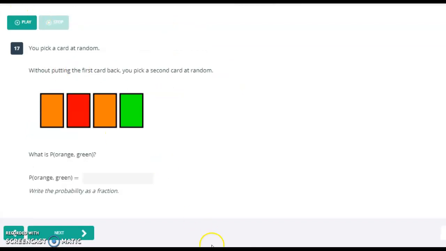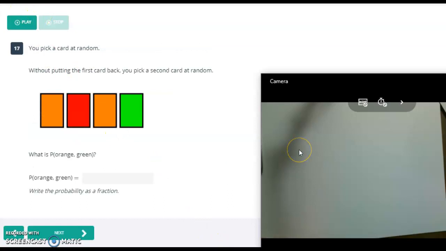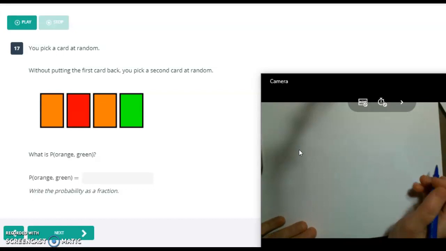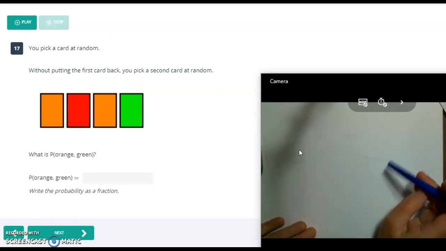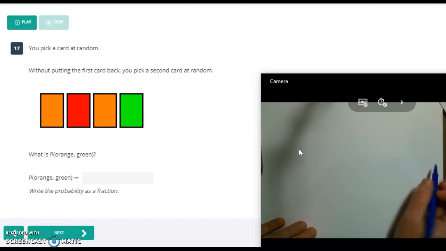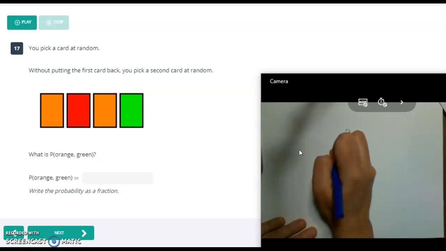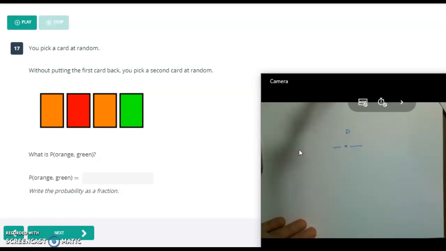Okay, number 17 says you pick a card at random. Without putting the first card back, you pick a second card. So that concept again of not returning the card, it says without putting it back, we've now created a dependent event. We want to know what's the probability of getting an orange and then a green. So we have 2 events that are happening. It's dependent.